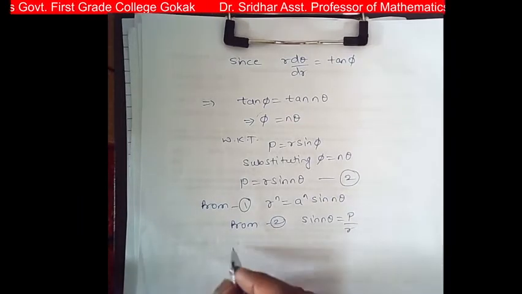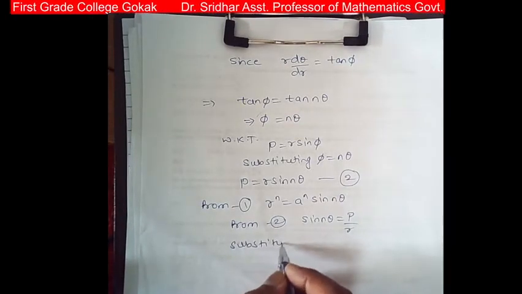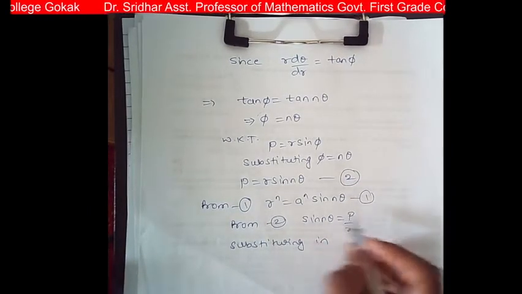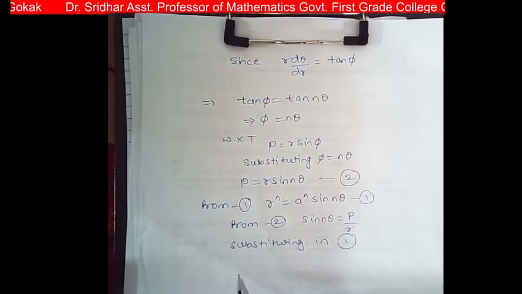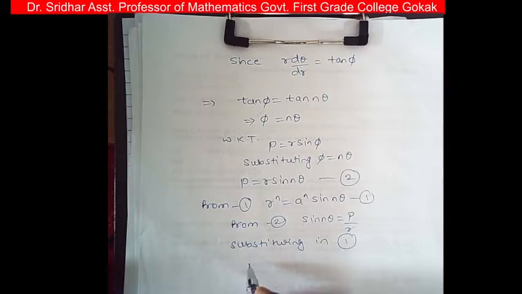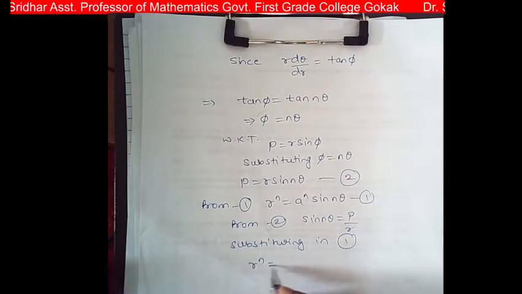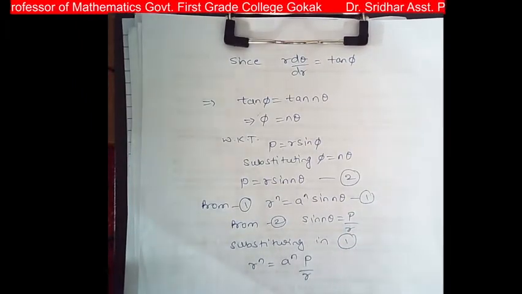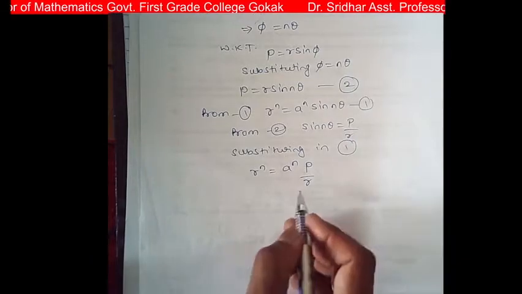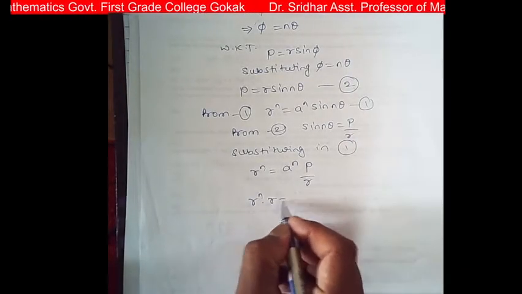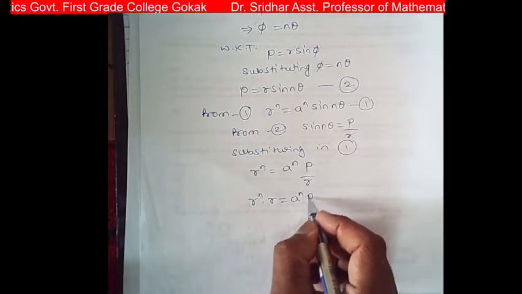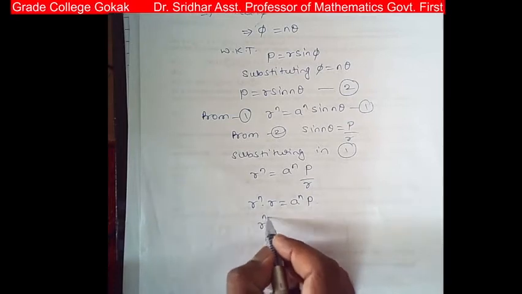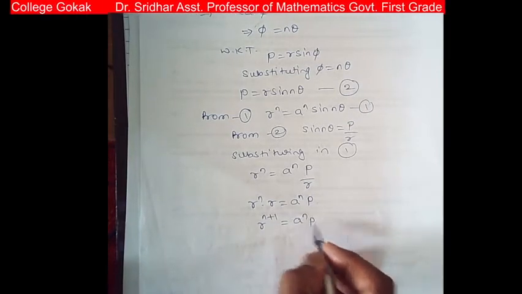Now substituting this in equation 1, what I will get is r raised to n is equal to a raised to n as it is, and sin n theta is P by r. Cross multiplying, r raised to n into r is equal to a raised to n into p. By the laws of indices, r raised to n plus 1 is equal to a raised to n into p.